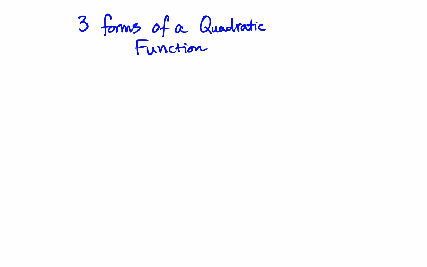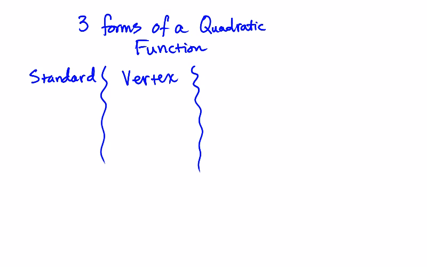A lot of people use a lot of different names, but in class we've used these three names. We've used standard form, we've used vertex form, and we've used intercept or factored form.